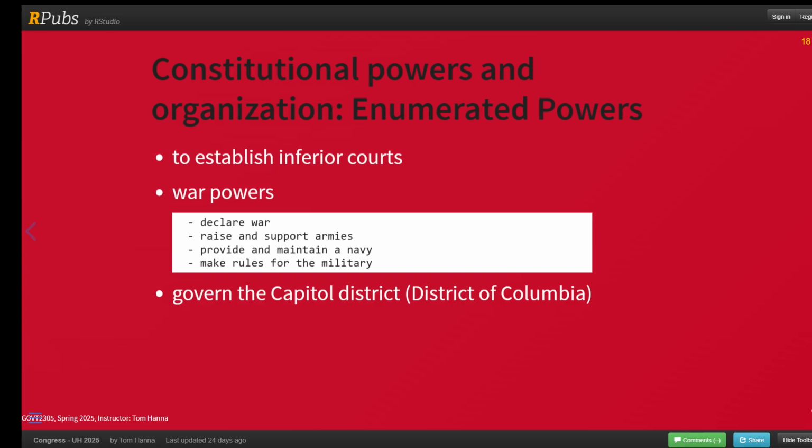So then there are the war powers. The war powers are the power to declare war, the power to raise and support armies, the power to provide and maintain a navy, and then the power to make rules for the military. These are important. The power to declare war hasn't been used since World War II because under the United Nations Charter, which we're a member of, declaring war is not legal.